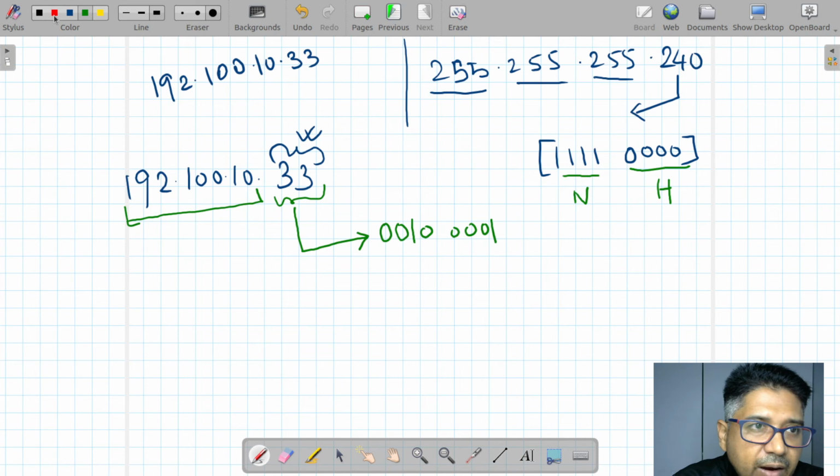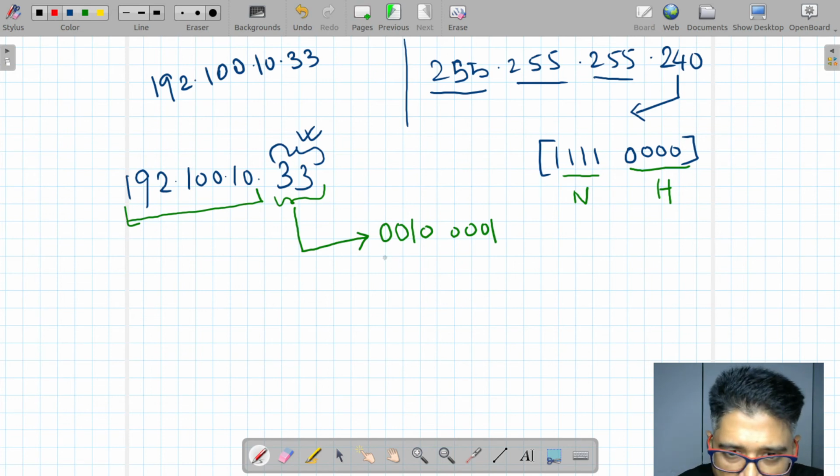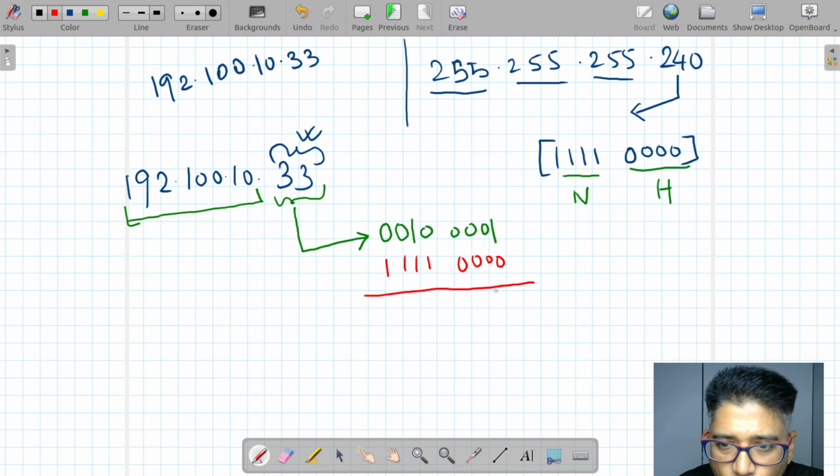Compare with this: these are the network bits and these are the host bits. When you do the ANDing, the value will be 0 0 1 0, and all zeros in the host bits.